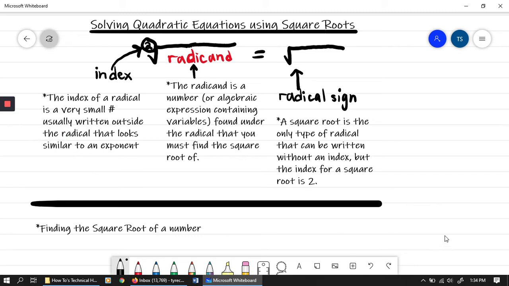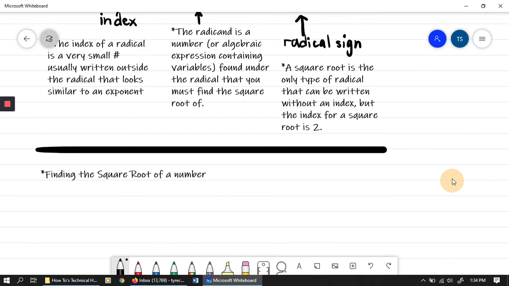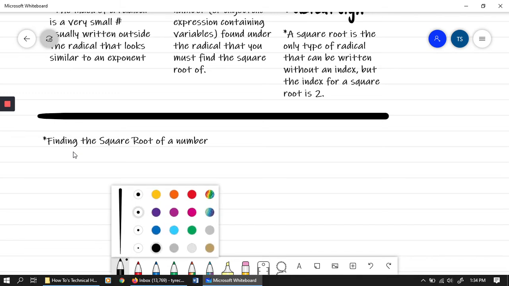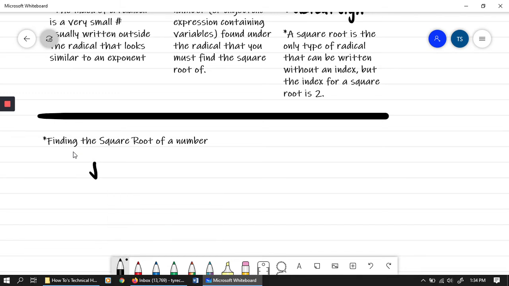Let's look at, for example, the square root of 16. Most of us either know already what it is, but if not, you can use a calculator.